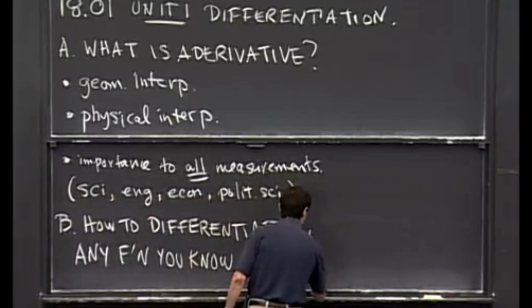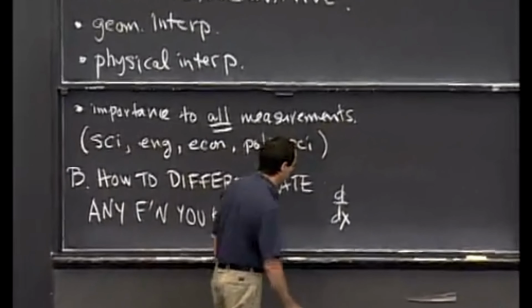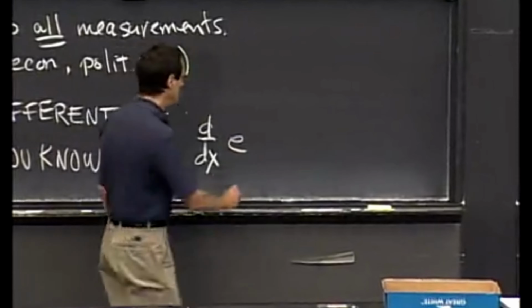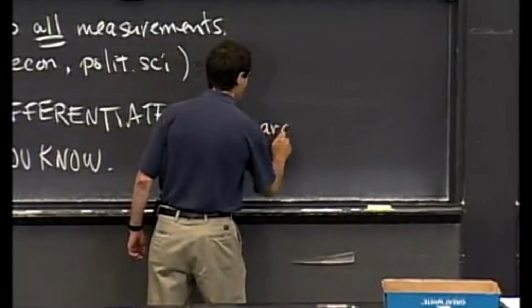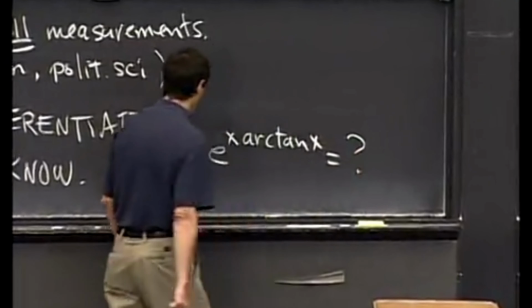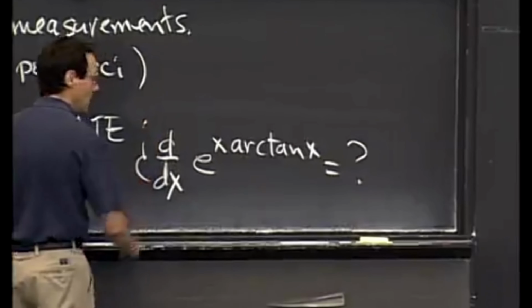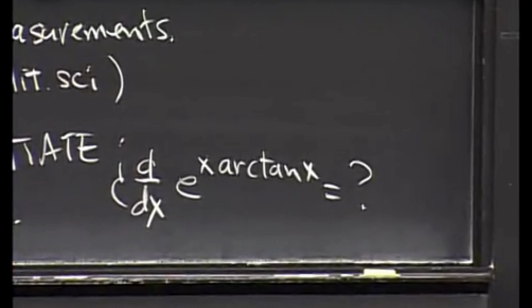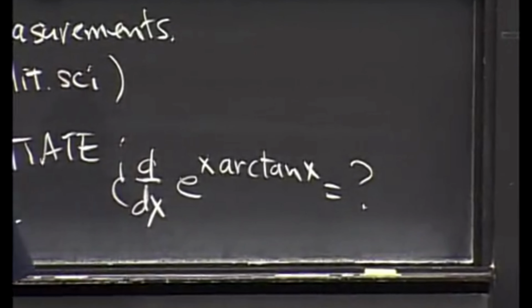If you want to take the derivative, this we'll see today as the notation for the derivative of some messy function like e to the x arctan of x, we'll work this out by the end of this unit. All right? So anything you can think of, anything you can write down, we can differentiate it. All right, so that's what we're going to do.